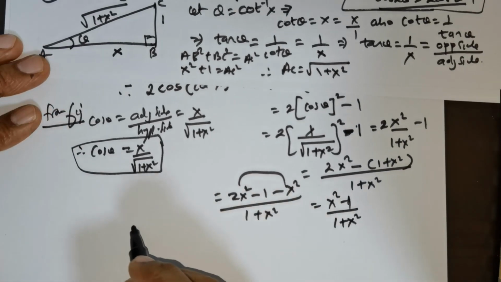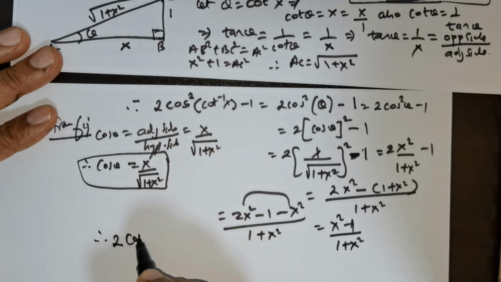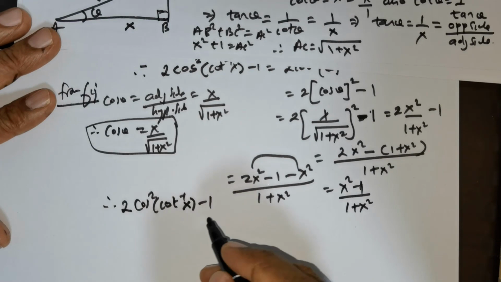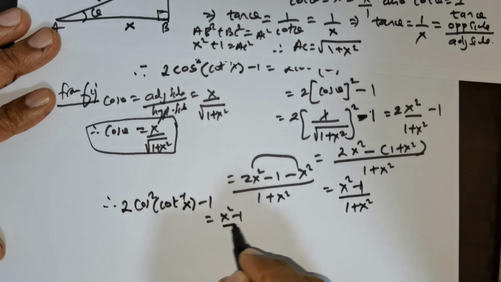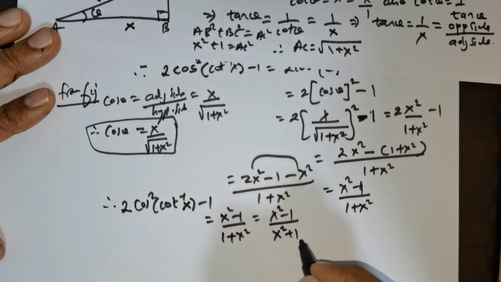this is what? This is nothing but 2 times cos squared of cot inverse of x minus 1. But what is this exactly? This is what we have got, x squared minus 1 divided by 1 plus x squared, or else you can write it as x squared minus 1 divided by x squared plus 1.